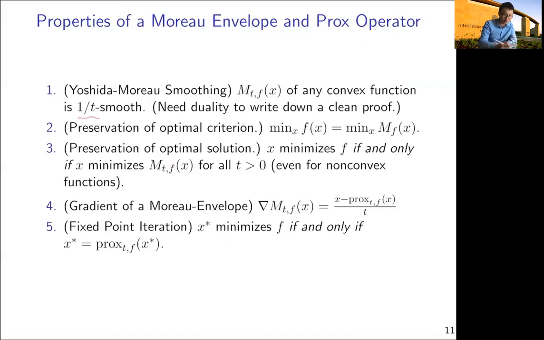To see this, consider this function with multiple minima. Maybe this function looks like that. It's not really a convex function, and its envelope is going to look like something as we've seen before, and then you have some quadratic term here.